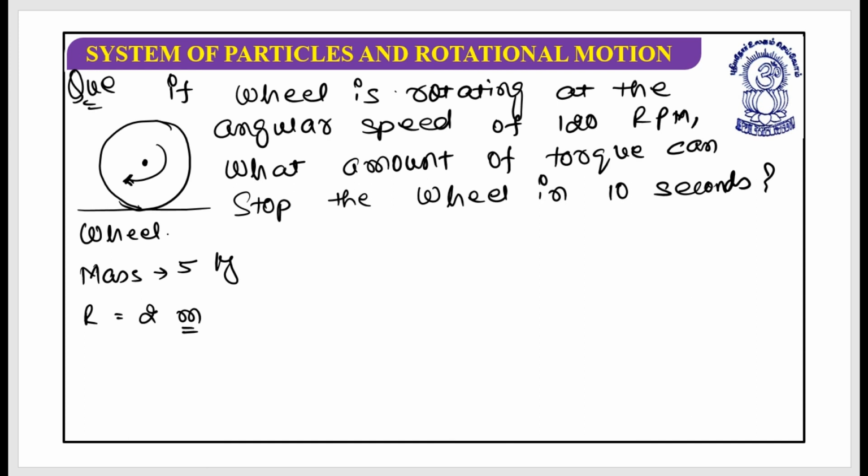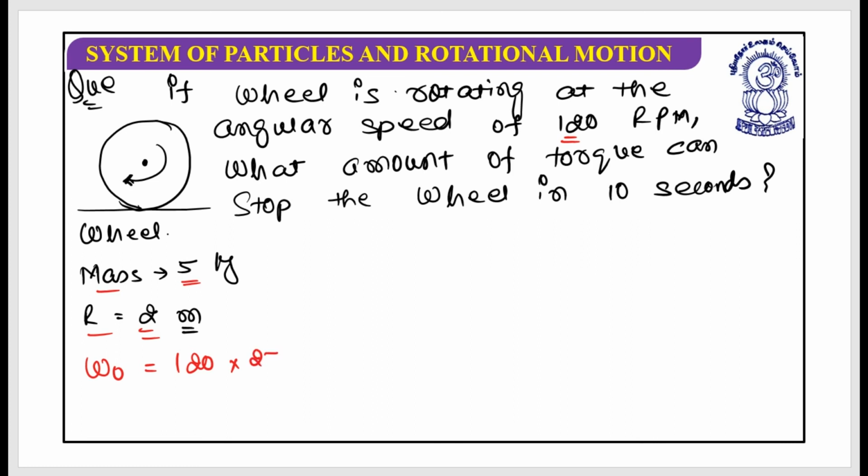Let's first summarize all the things that have been given to me. I have a mass, I have a radius. When mass and radius are there, I must have a moment of inertia. What else? There is an omega, ideally omega naught. It's 120 rpm, which is rotations per minute.